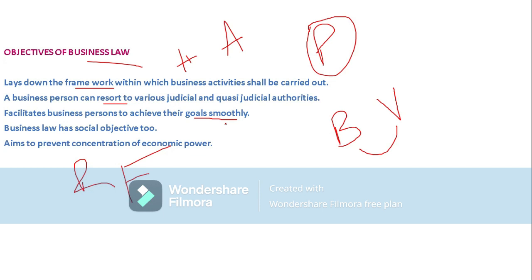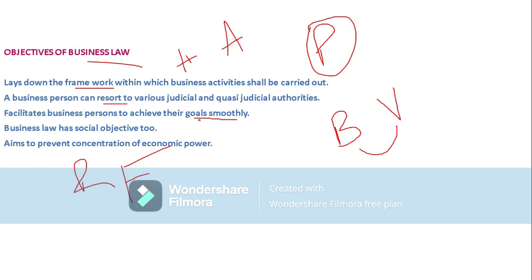As it involves two parties, one party may deceive the other party. So in order not to get into those misconceptions, business laws help business persons to do their businesses smoothly and achieve their goals smoothly. Why? Because each and every person will have a fear of business loss.